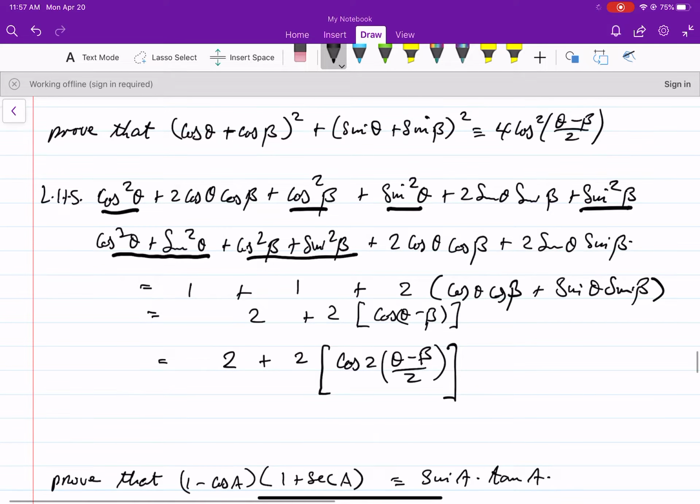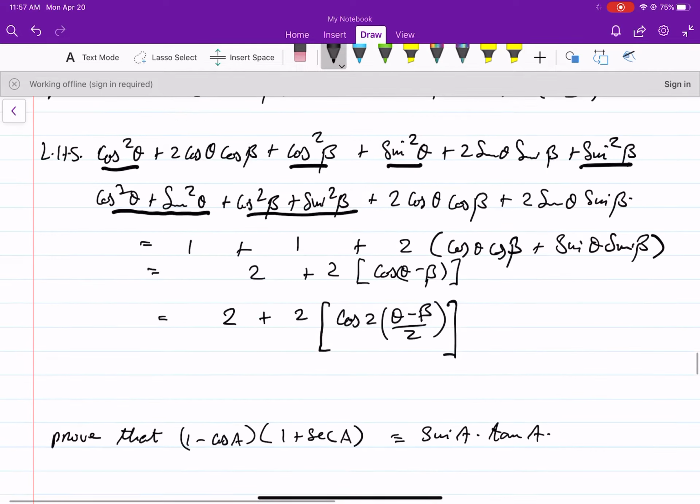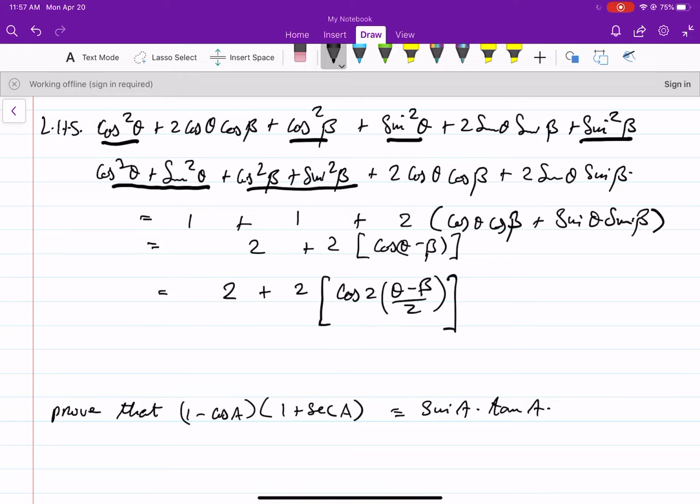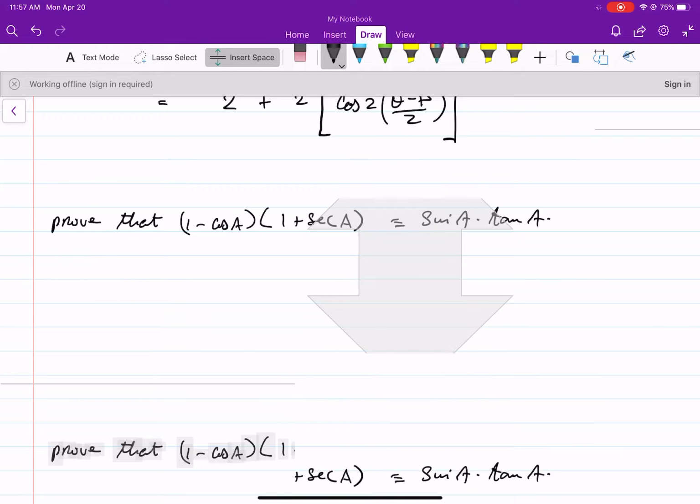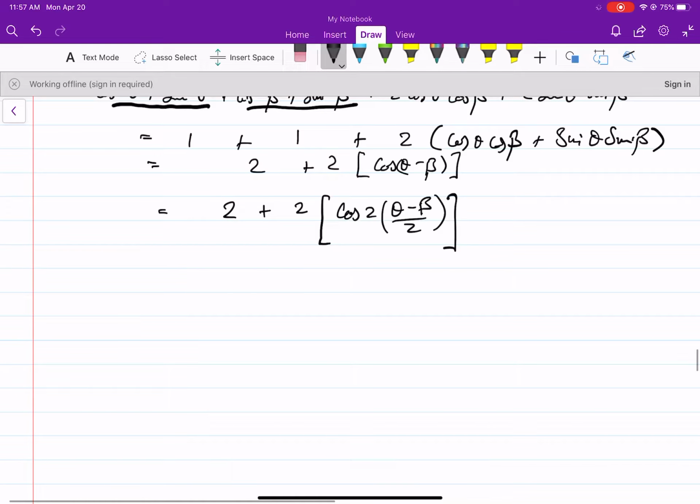There are several ways to write that. The end result looks like they want the cos squared function involved, right? So we're going to rewrite cos 2 of (theta minus beta) upon 2 as 2 cos squared of the angle minus 1. This is the part in the brackets, right? Cos 2x is 2 cos squared x minus 1.